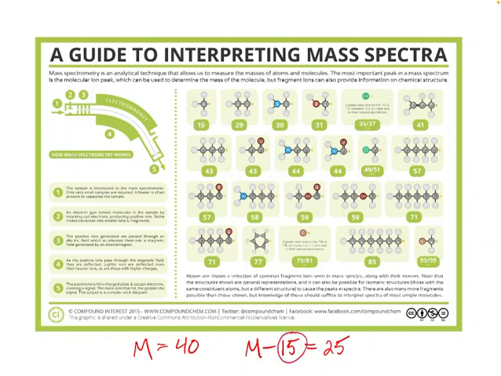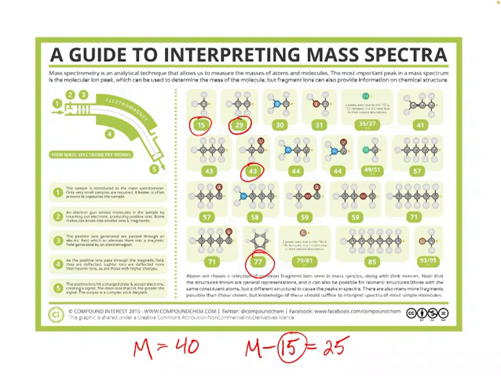That 15 indicates that we lost a methyl group. If you lose a mass of 29, that indicates an ethyl group. And we could keep going. If you lose a mass of 43, that indicates a carbonyl group with a methyl group attached. Let's see, a mass of 77 indicates a benzene ring.